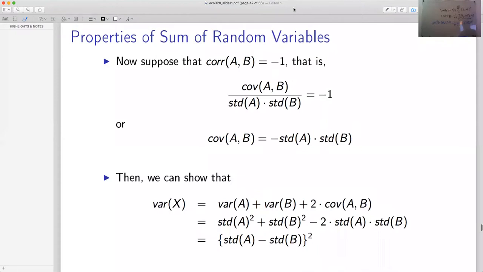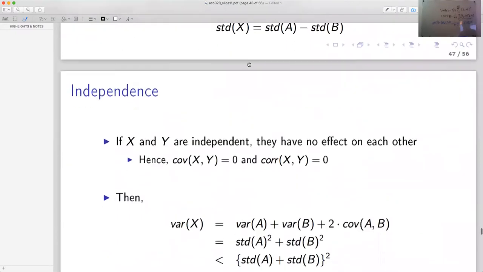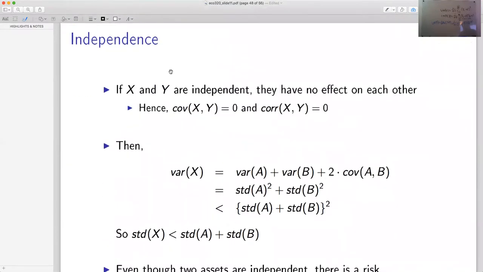You don't have to know this part, but I'm going to focus on this one, independence. You probably remember in the first few chapters, chapters 1 and 2, I explained independence. Independence means X doesn't affect Y. Whatever X happened doesn't affect Y. That is basically independent, right?